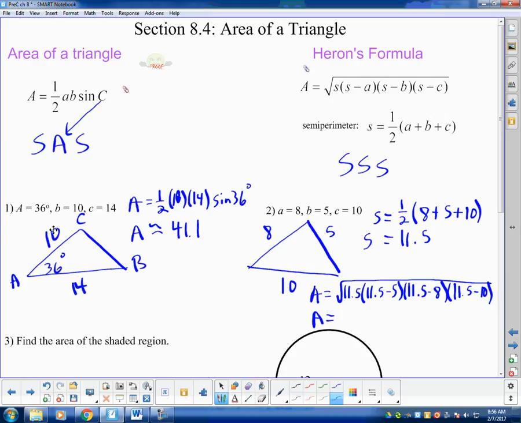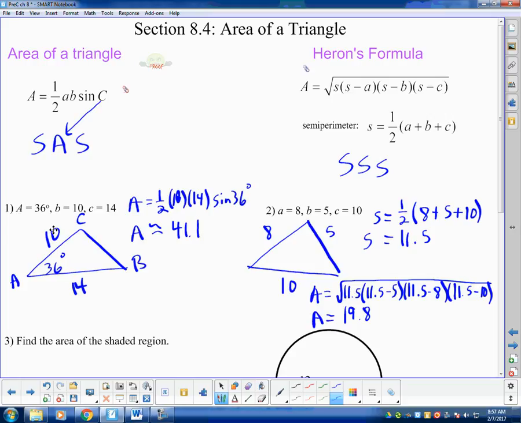We should probably check that, make sure we're doing it correctly. You can type it in your calculator just like that, or you could do the subtractions mentally and plug in just those numbers. Just gotta be careful with it. What do you guys get for the area on that? 19.8. So that's it. Area of a triangle, the 1/2 AB sine of C, and then Heron's formula using semi-perimeter and just the 3 side lengths.